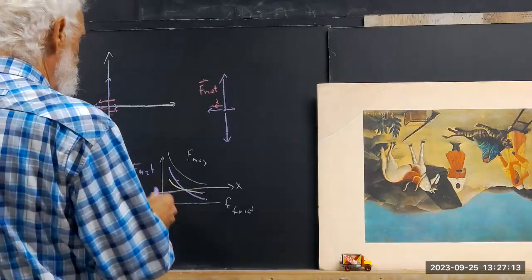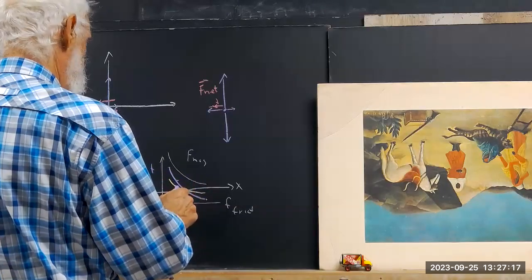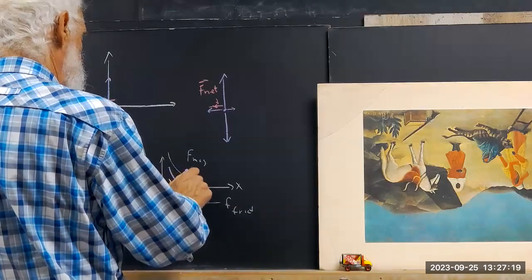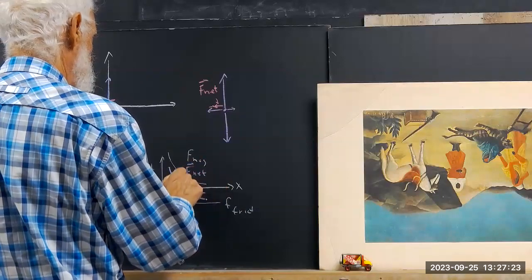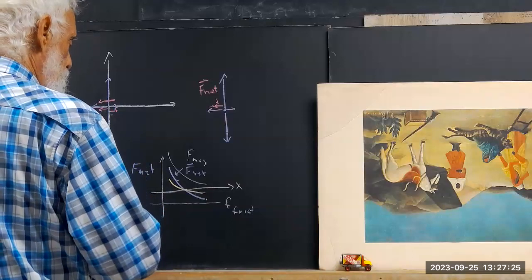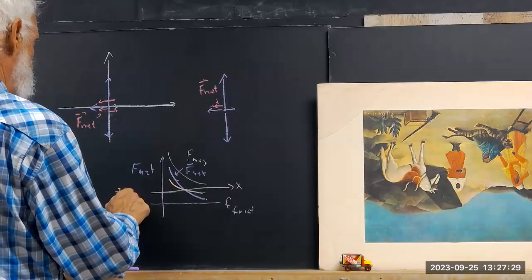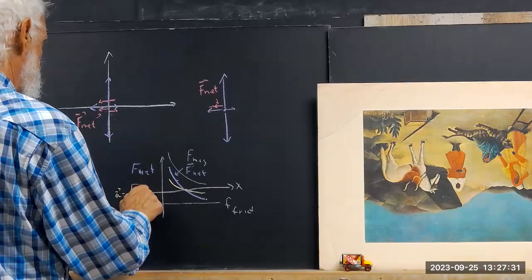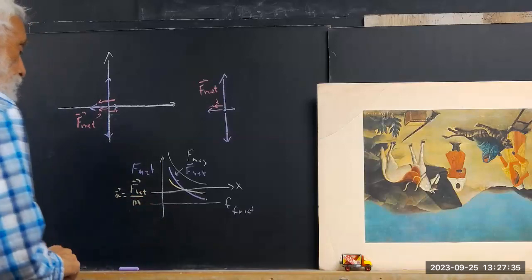Okay, so this curve is F net. This curve is the acceleration, which is F net divided by the mass.